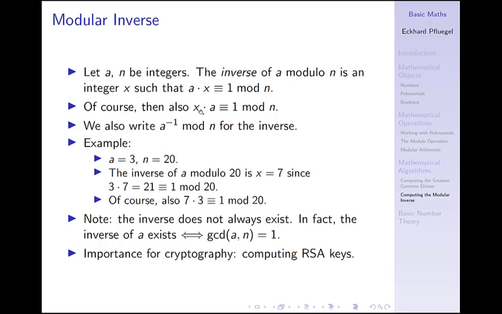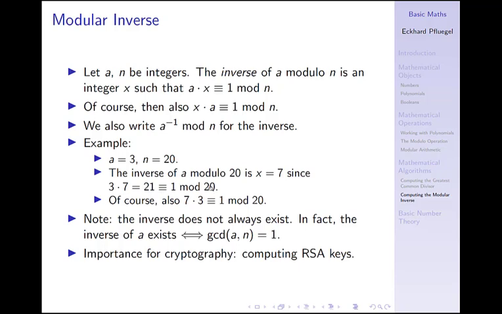Okay, so I've talked a lot now. It's probably better to look at some examples. If I gave you the number a equals 3 and the number n equals 20, then you could wonder what would be the inverse of 3 mod 20. If you play around a little bit, by trial and error, and you end up testing the number x equals 7, you will realize 3 times 7 is 21.